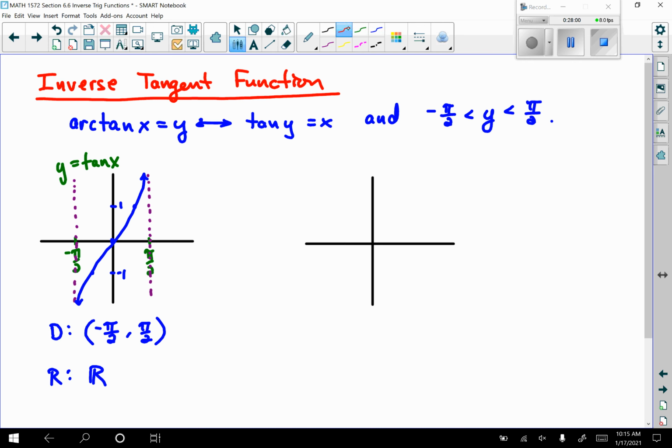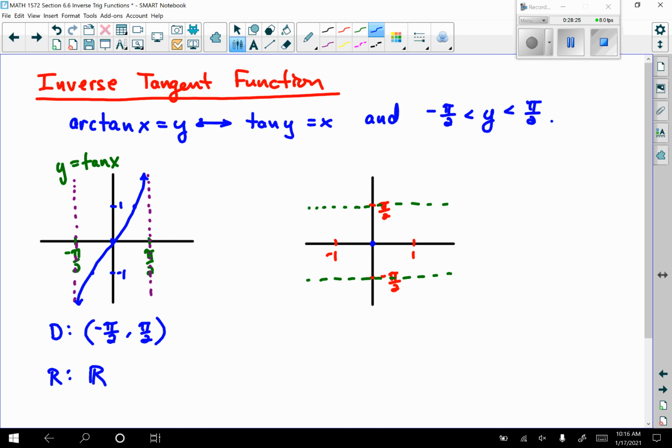So now if we reflect this over the line y equals x, our y values just go from negative pi over 2 to pi over 2. That's what we're saying right here. And then here we're going from negative 1 to 1. So now we'll have our horizontal asymptotes instead of vertical. We'll go here and here.